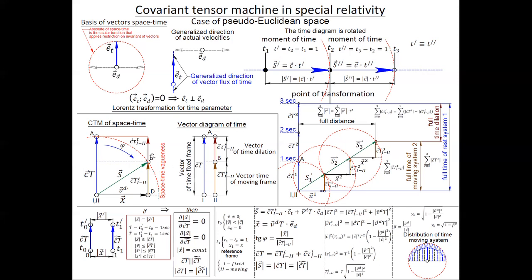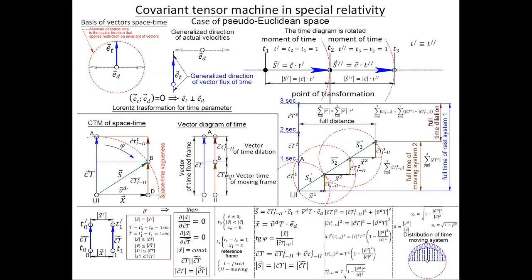It lies outside of the absolute. The space outside of the absolute is named spacetime vagueness. Ct, with small t upper index and 1-2 lower index, is the proper time in the moving reference frame.